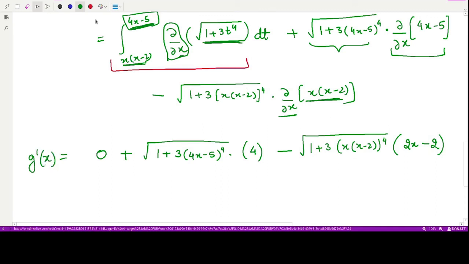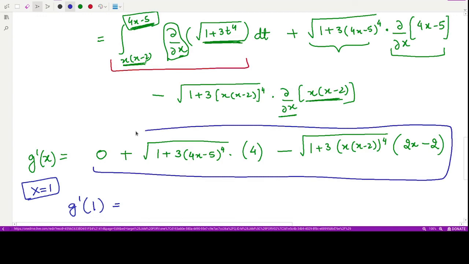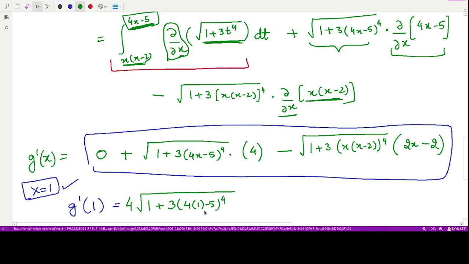In the question they are asking what the value is when you substitute x equal to 1 here. So we are to calculate g dash evaluated at the point 1. This is your function g dash x, so in place of x we write the value 1. We have 4 into square root of 1 plus 3 into 4 into 1 minus 5 raised to power 4, right?